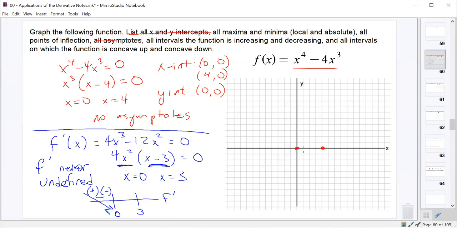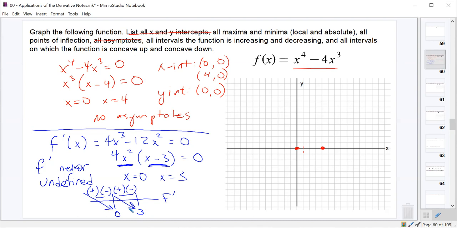Then we'll take a look at between 0 and 3. So if we plug in something between 0 and 3, like let's say 1, 4x squared is still positive, and 1 minus 3 is still negative, and we get negative. This function is still decreasing from 0 to 3, which means that our function does not have a local max or a local min at x equals 0.